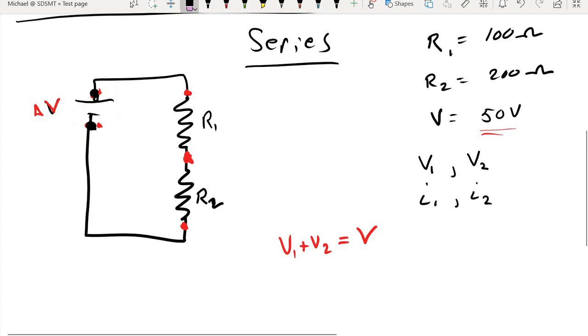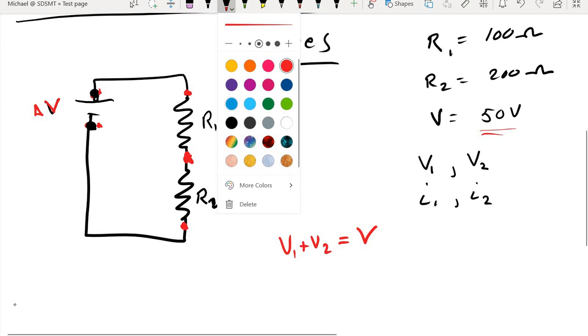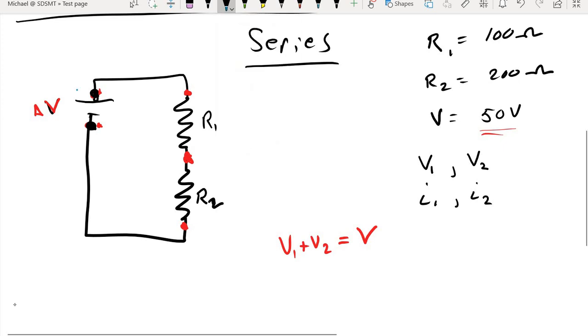The other thing that we need to know is current. I can see the battery, and I know that current is the flow of positive charge, which means that any current coming from the battery is going to travel in this direction. But that current only has one path through this circuit.